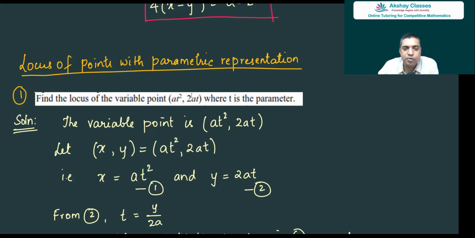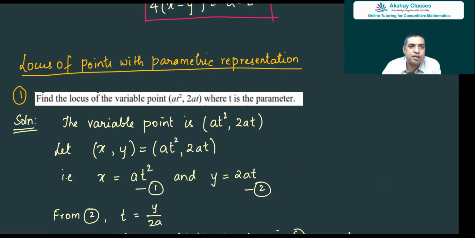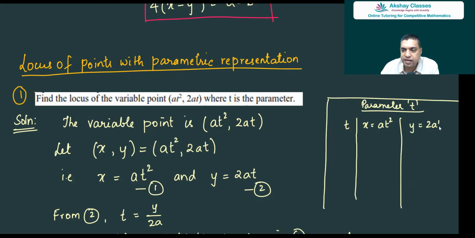You can say a point moves in such a way that it forms a curve. So t is a parameter. Parameter means t changes. Now x is equal to at², y is equal to 2at.